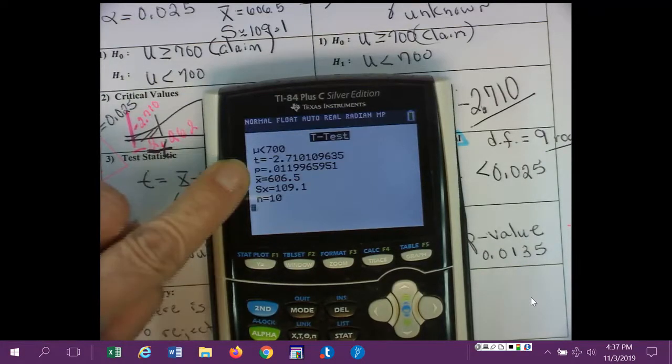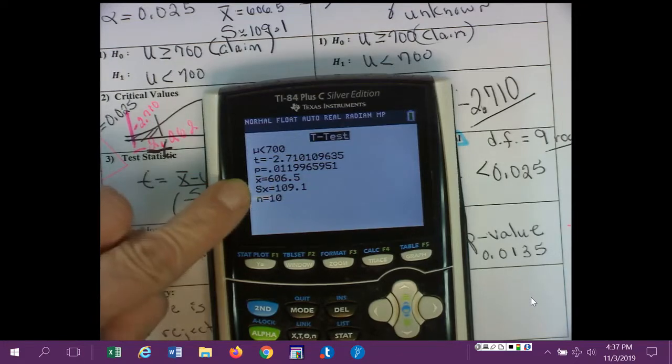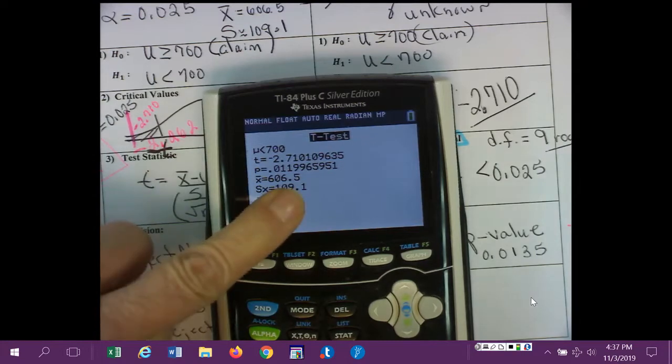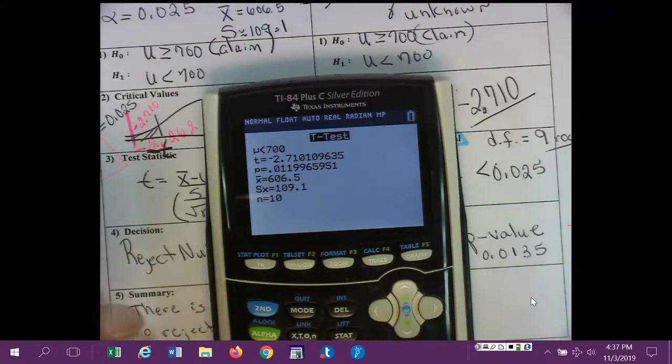The test statistic t is negative 2.710. The p-value is 0.011996591. When you round that to 4 places, though, because the 5th decimal spot is a 9, it's going to give you a neat response. Now I'm going to write this down on paper.